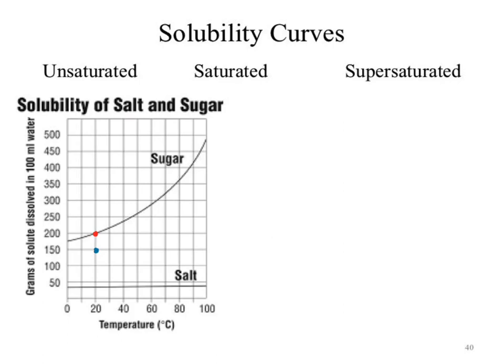Everybody see that? What does that mean? Could I dissolve more? Yeah. So I'm now unsaturated. I haven't fully filled it with sugar. So I'm actually lower than the saturation limit. Okay? What if, for some reason, at 20 degrees Celsius, I have 300 grams of sugar?